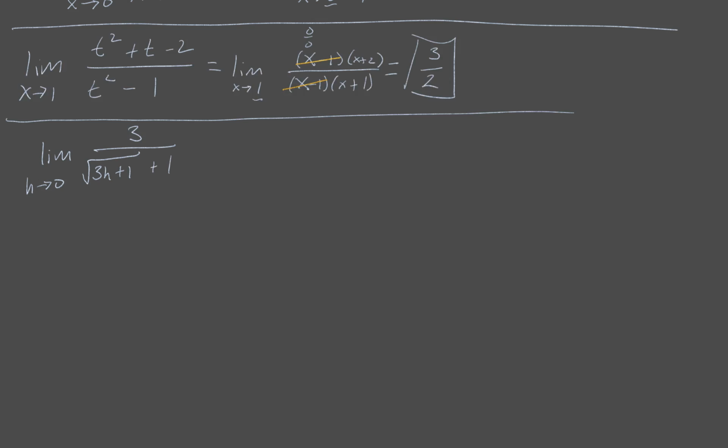Well, that's not that silly. We can just plug that one in, can't we? I thought this was going to be a tougher one. We don't get 0 over 0. If I plug in h equals 0 into this, I end up with 3 over the square root of 1 plus 1, which is 3 halves again.